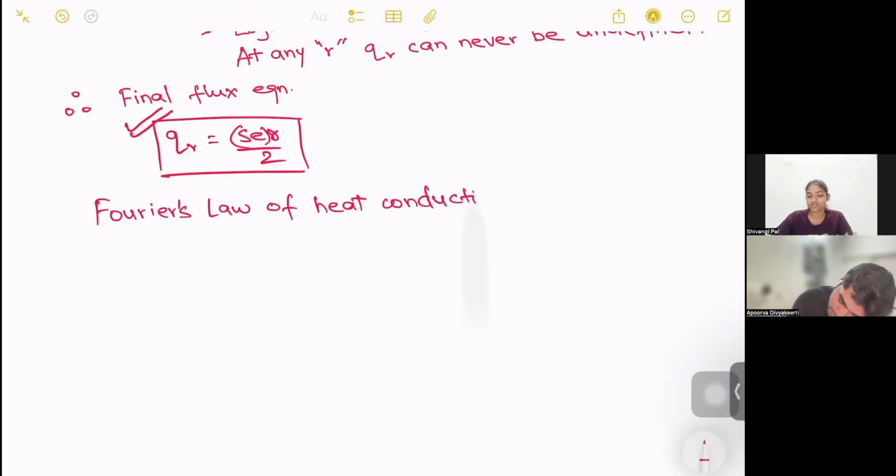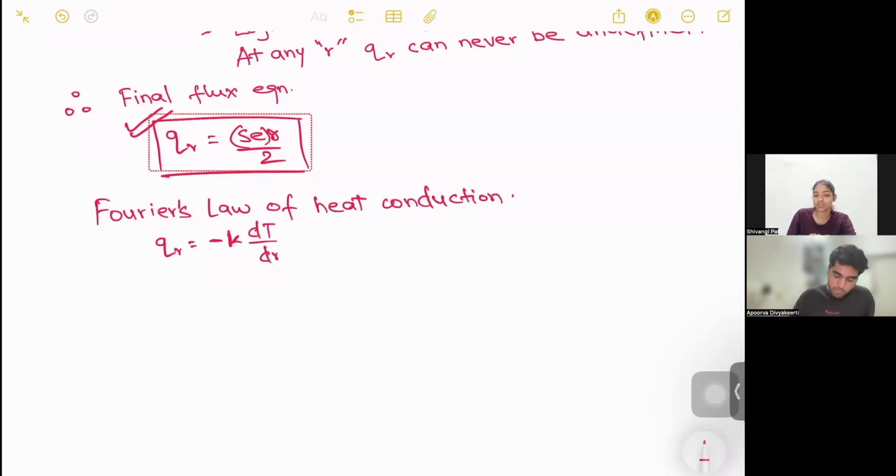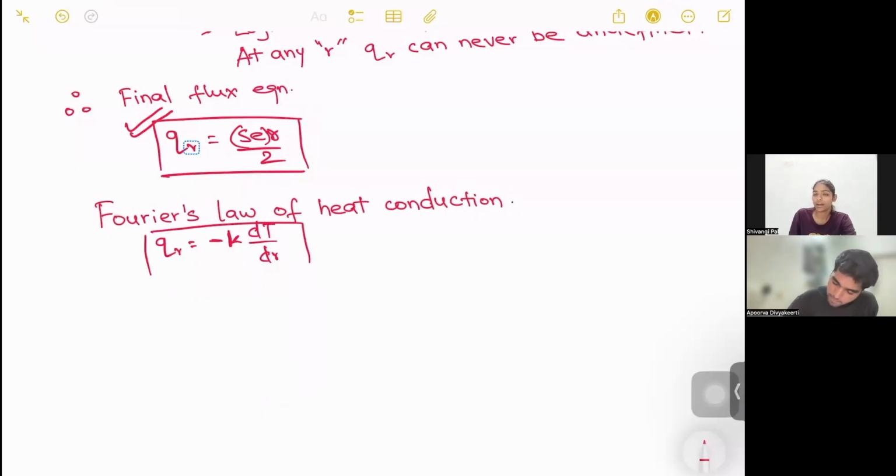What is Fourier's law of heat conduction? It says our flux, that is q_r, is equal to minus k dT by dr. We will be equating this to our above equation, and it will become q_r equal to minus k dT by dr, that will be equal to S_c r by 2.